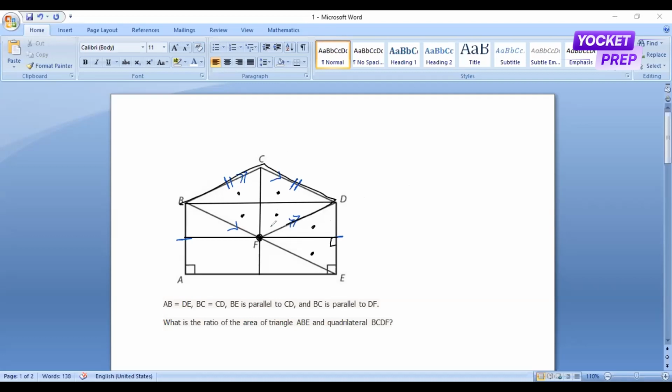This is a parallelogram, so CD and BF are equal. This is a parallelogram, so CD and FE are equal. So obviously BF and FE are equal, and you get F as the midpoint. And therefore, if you drop this, it will also be the bisector of that side, DE.